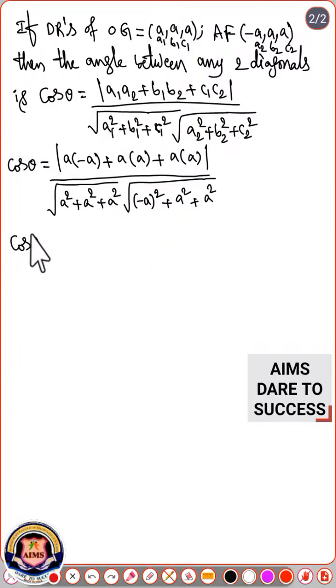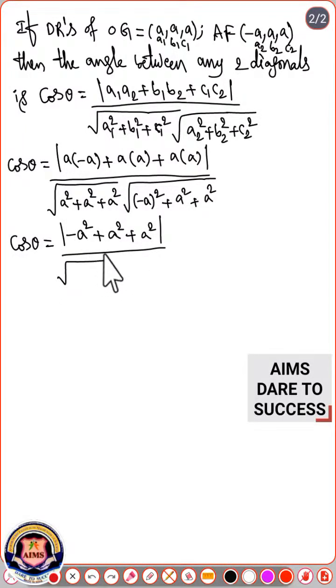So cos theta is equal to mod of minus A into A square plus A into A square plus A into A square, whole divided by under root A square plus A square plus A square is 3A square, into root of minus to the power even number becomes plus, that is A square, again A square, again A square. A square plus A square plus A square is 3A square.